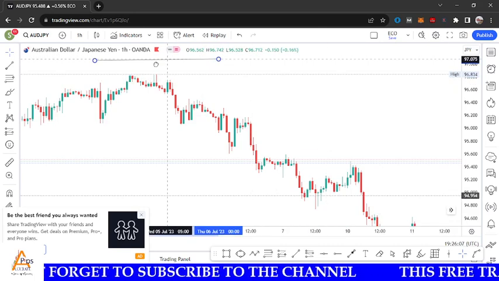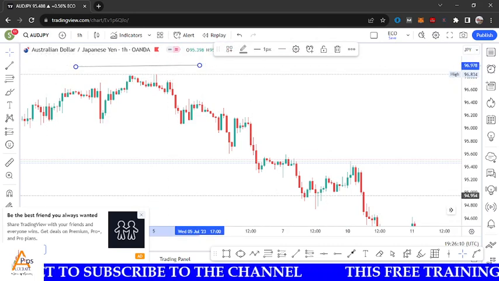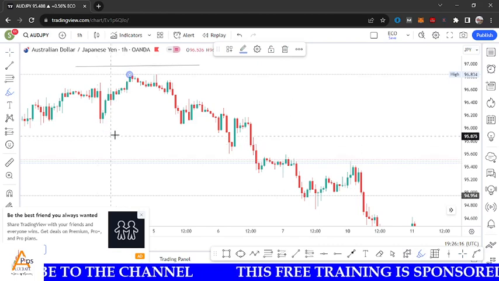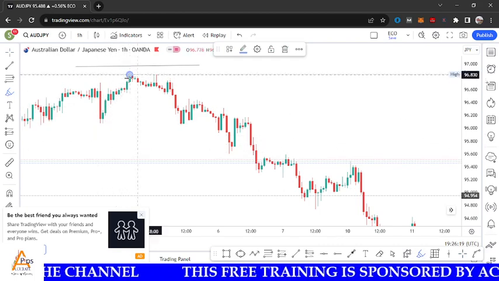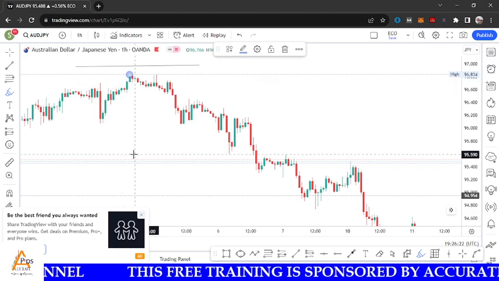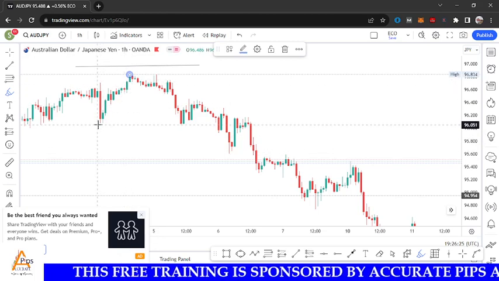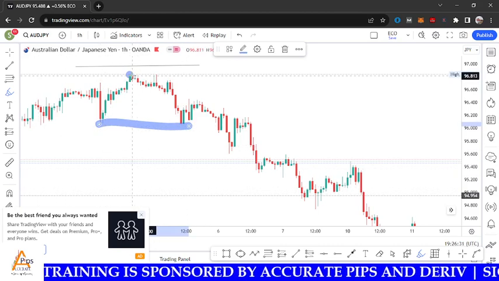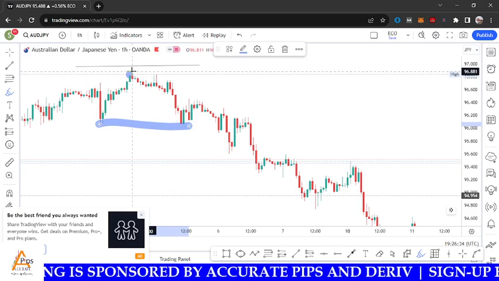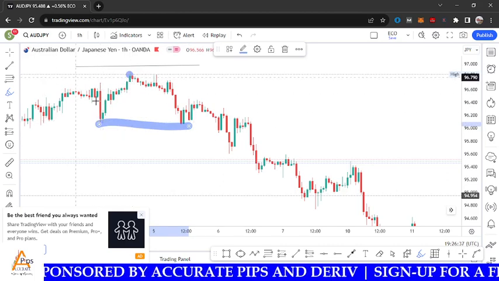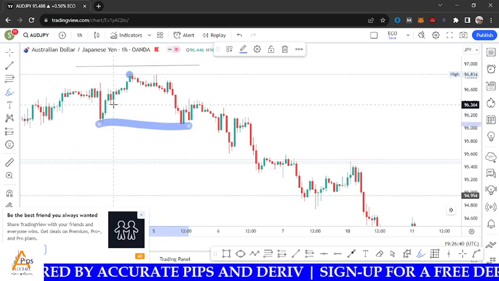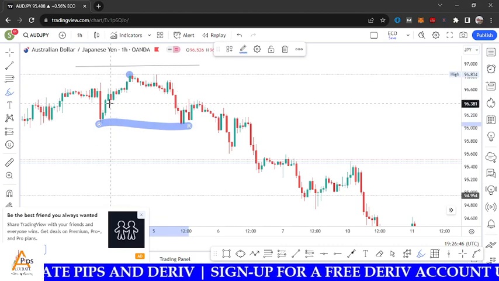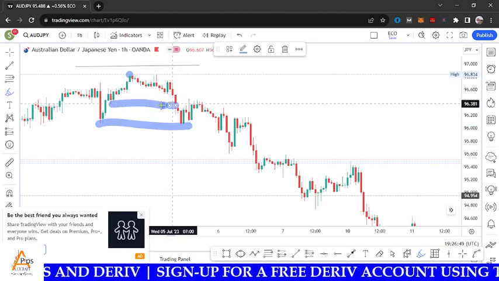Okay, so we have to use what we call the pullback method. All right, so if this is our last high, before this high was created, this inducement was taken to confirm this high, because this is a valid pullback. There is another valid pullback here. So this is our inducement.